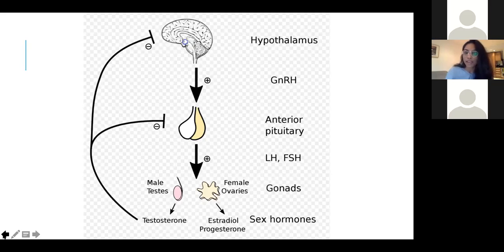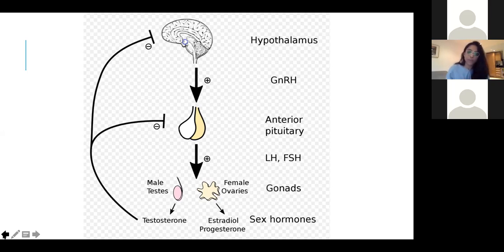Just to say, with the testosterone, FSH can also contribute to that. So not just LH, FSH can also contribute to the production of testosterone, and how that differs from the testosterone produced by LH.